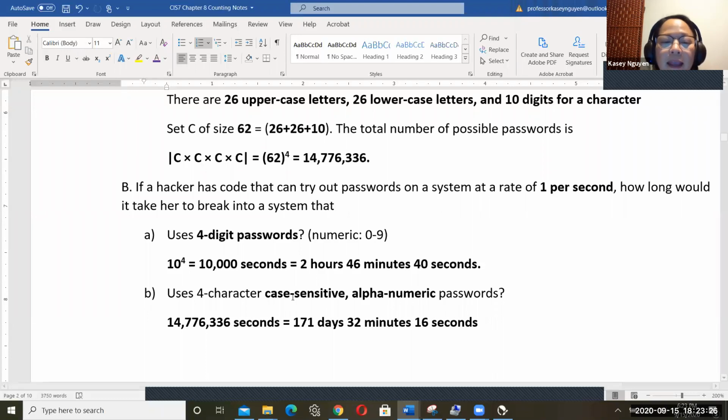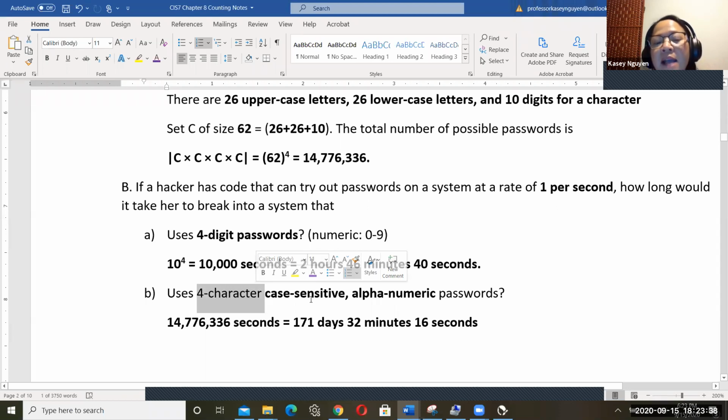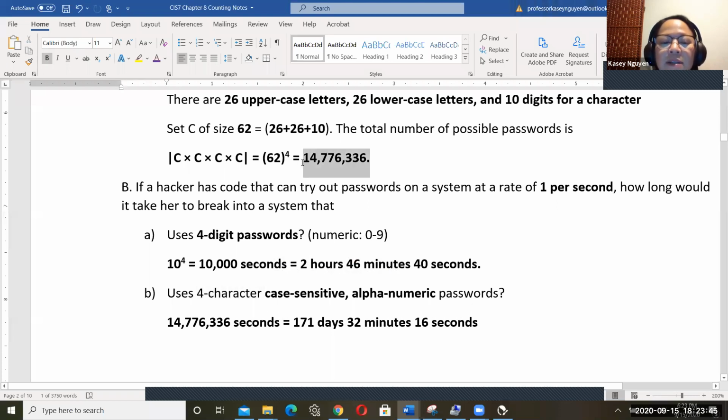Now going back to the previous question A, if we're trying to break 4-character case-sensitive alphanumeric passwords, then we would take the variations of those passwords, multiply it by 1 second, which gives us that many seconds. And if you convert that, that will be 171 days, 32 minutes, and 16 seconds.